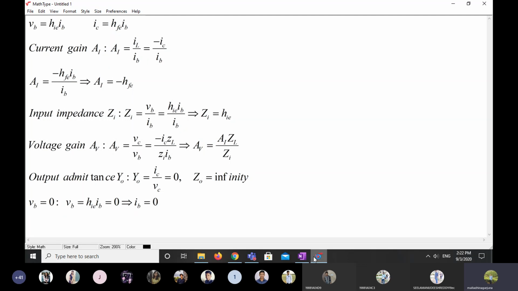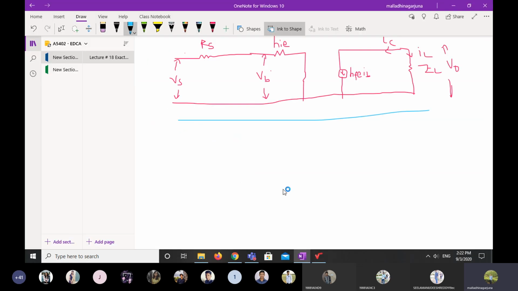Okay, fine. So now, taking RS into consideration, I can redraw the circuit like this: RS, and up to this point is just the input impedance ZI. This is the IB current, the voltage drop across it is VB, this is VS, and this is RS.